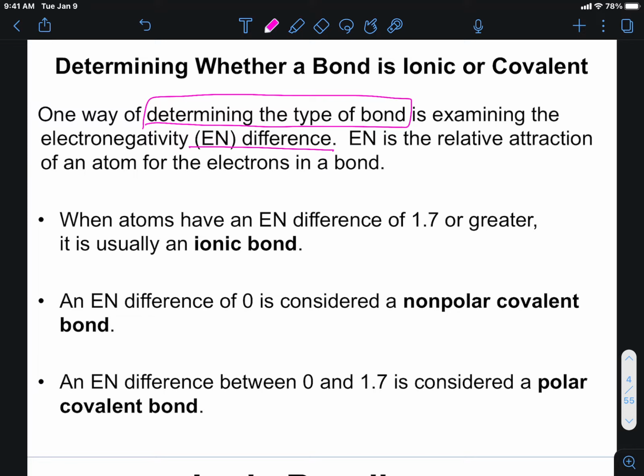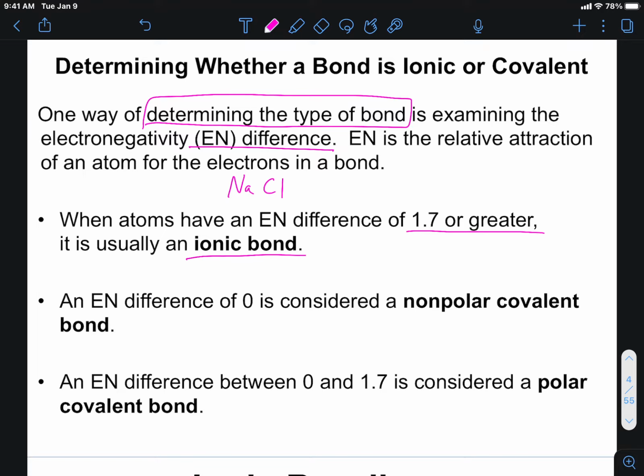So when you take two elements, if their electronegativity difference is 1.7 or more, we classify that as an ionic bond.